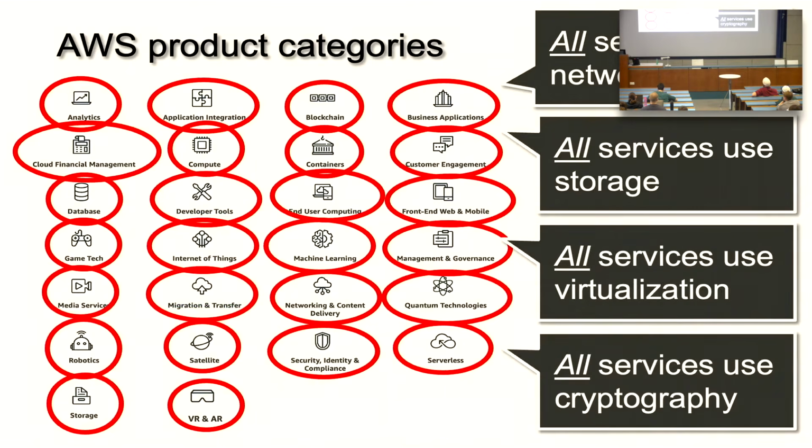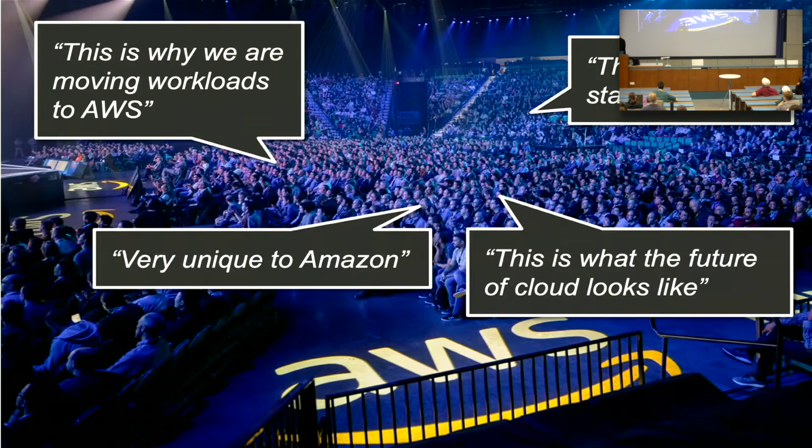And then because all of the other AWS service features are built on cryptography, networking, virtualization, and storage, by transitivity, if you will, all of the AWS services benefit in some way from formal reasoning. People often wonder what the economics of this are.